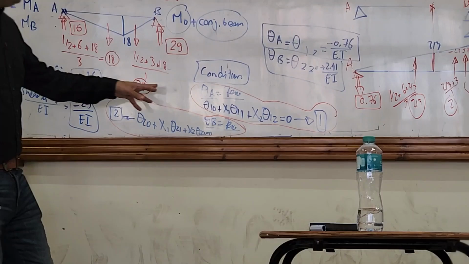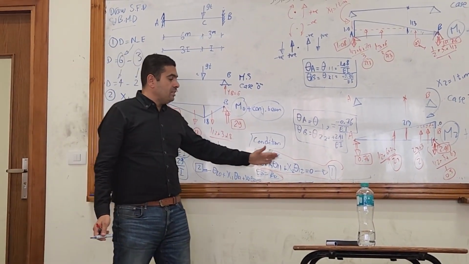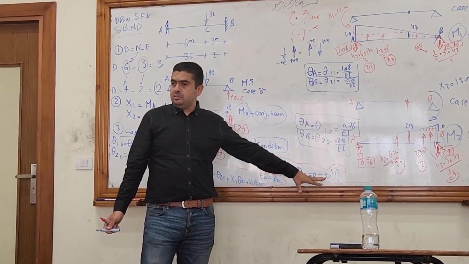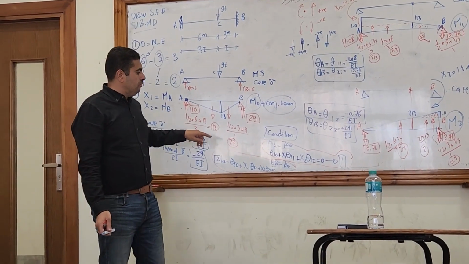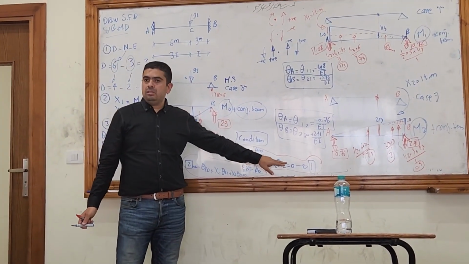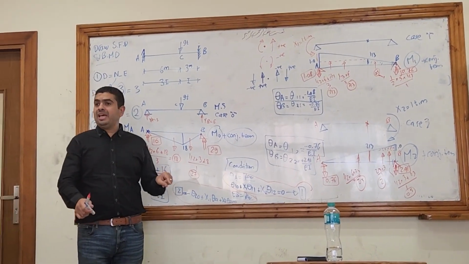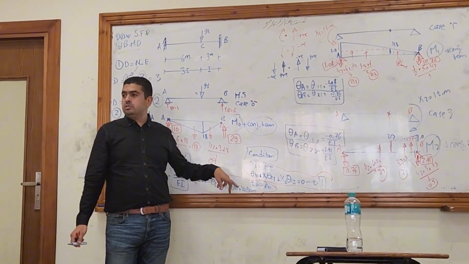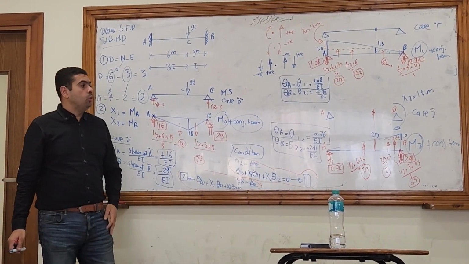All of the thetas have EI, and the right hand side equals 0. So you can remove the EI from the 3 terms here, the same as in equation number 2. So you have to solve in the calculator these two equations for the two redundants x1 and x2.